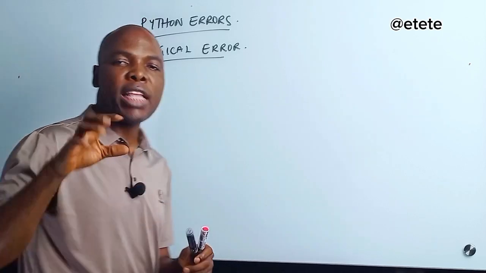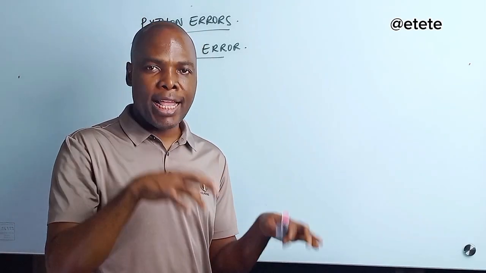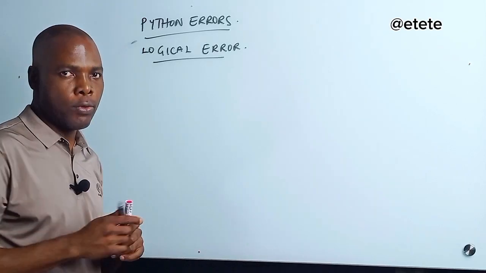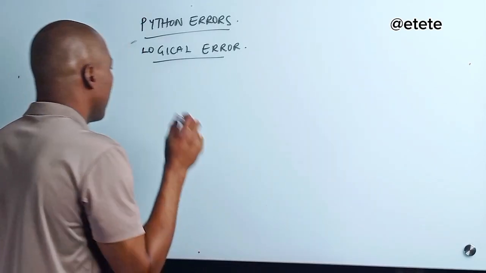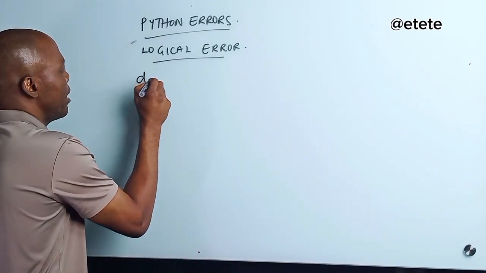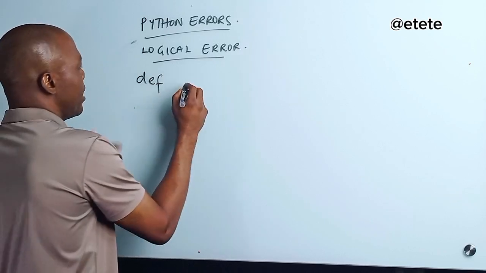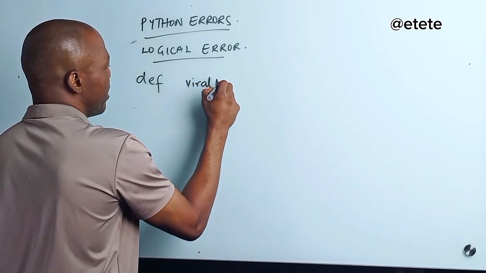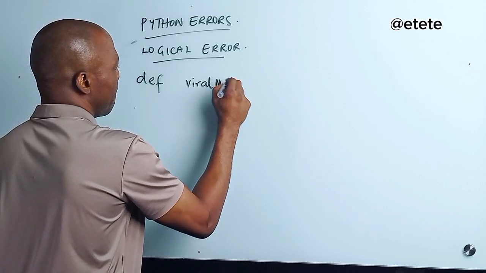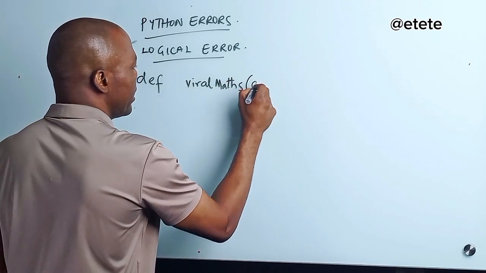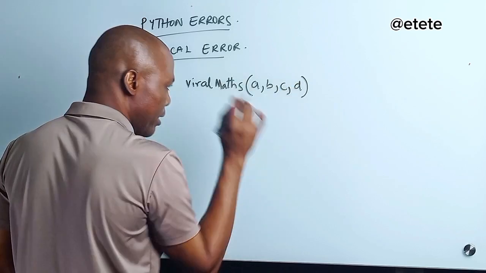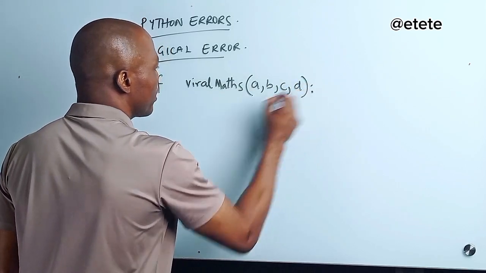Now, I'm still going to use that same function that I used in the last class, which gave us the syntax error. I'm going to use it to write this program. So I'm going to define my function, def, right? And then I'll call the function name, which is viral math, and then A, B, C, D. Now, this time around, I'm going to put the colon, right?